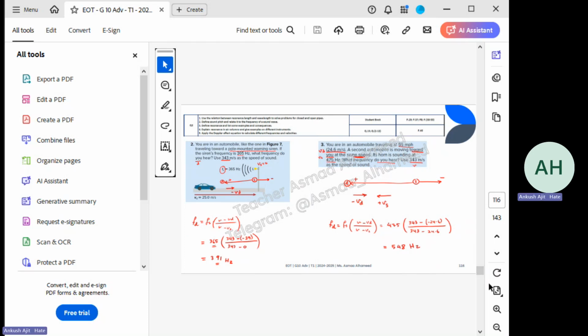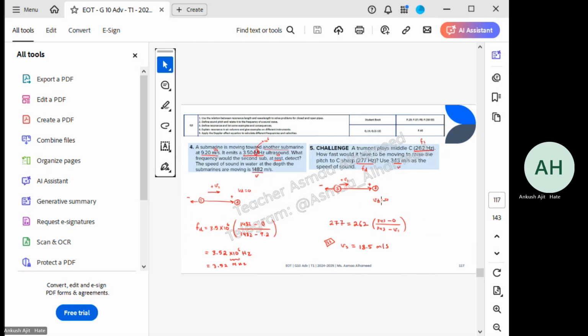We have done this quite a lot; I've given lots of worksheets on the Doppler effect. I think the Doppler effect is clear to you all. Somebody is going towards another submarine at 9.20 m/s. Here a very good way of writing is given, so you can go through them properly.